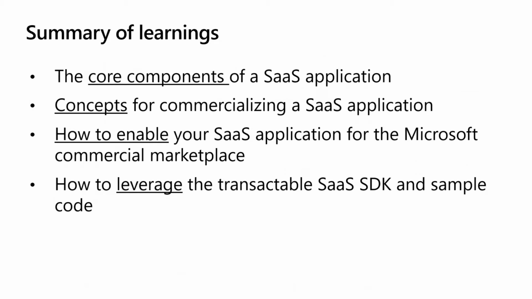And then to finish, we talked about leveraging the open source SaaS SDK and the commercial marketplace sample that we have. It's a GitHub project, a community project, so feel free to go in and play with it to get your solution into the marketplace.